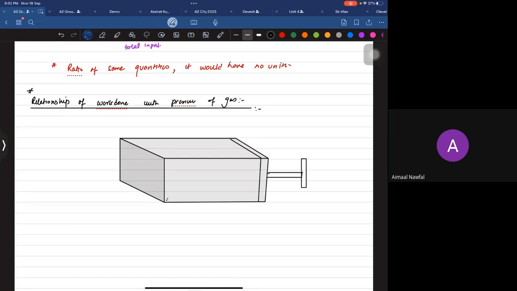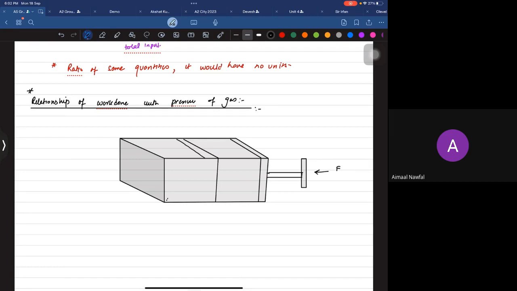Now what you need to remember is that if I apply a force on it from here, this plunger is going to move somewhere here. So it moves like this.